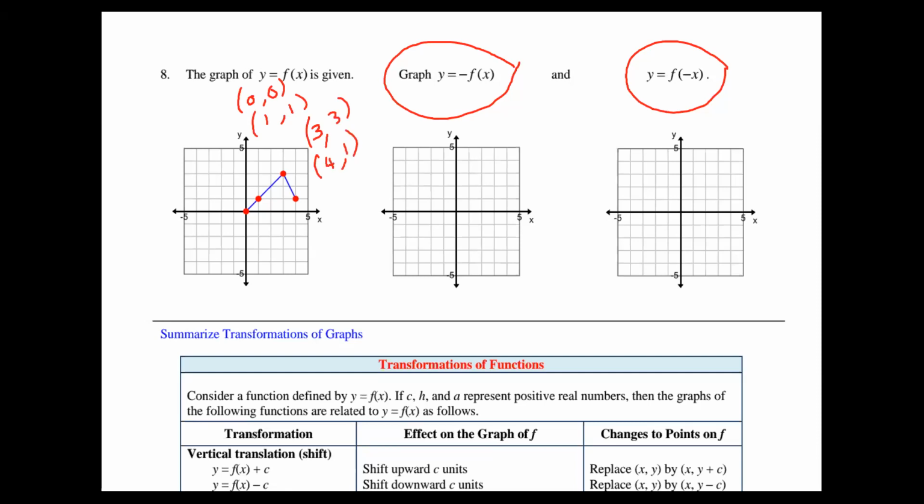To graph this one, we have to switch the y values to negative. Switch the signs of the y values and graph this because the negative is outside. So 0, 0, 1, -1, 3, -3, and 4, -1.